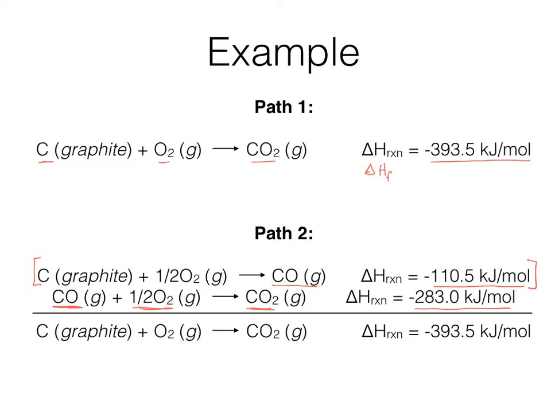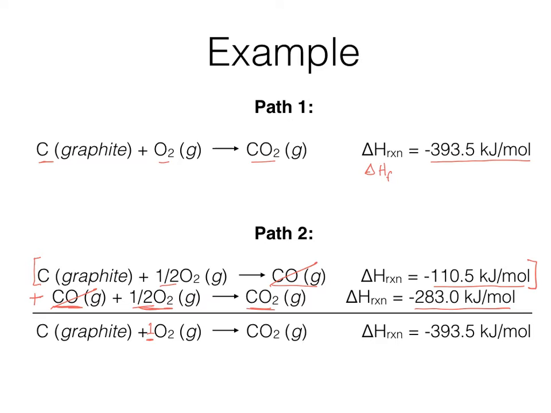If I add these two together, the carbon monoxides cancel, leaving a half O2 and a half O2 that add to one O2, and there's a 1 here, giving me that carbon graphite plus oxygen yields carbon dioxide.